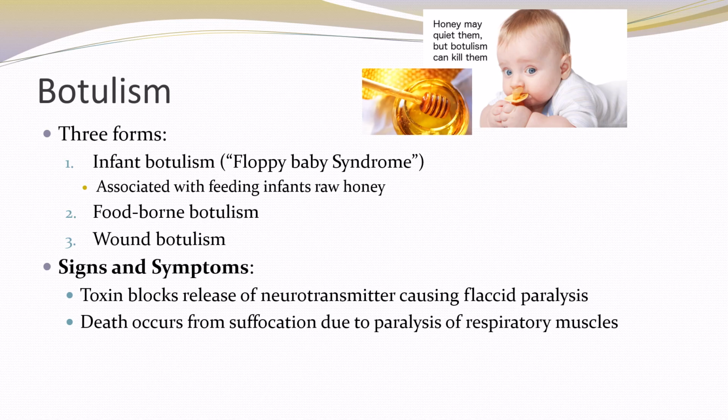In infants, we call this floppy baby syndrome. Now it sounds super cute, but it's not. So essentially the baby becomes paralyzed and their limbs and body become kind of floppy. But it's because of this bacteria or the exotoxin that they've consumed because of this raw honey, unpasteurized honey.